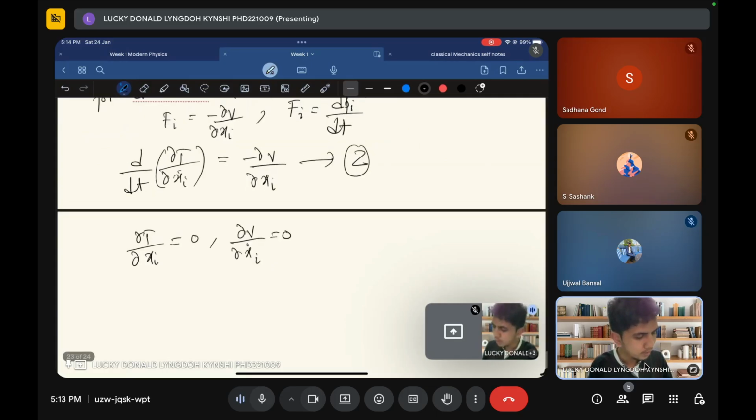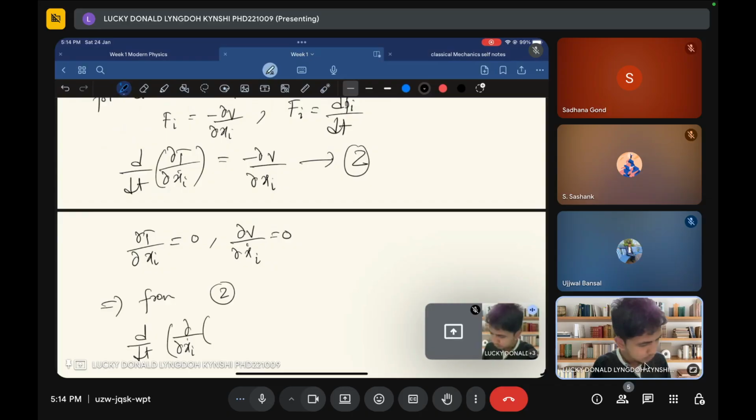So if we add this to equation 2, we can do it this way: d by dt of del by del x i dot of T minus V, since del V by del x i dot is also equal to 0, so there is no harm in it, minus del by del x i of T minus V equal to 0.